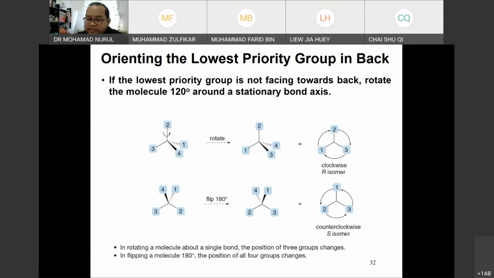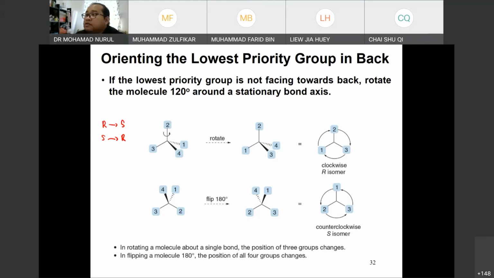The easiest way is to put the lowest priority at the back. If the lowest priority is at the front, you assign the orientation first, and after that you reverse the answer. If you get R, the answer is S. If S, the answer is R. We will do more exercises, so don't worry. Jangan cemas, okay? So you do that one.